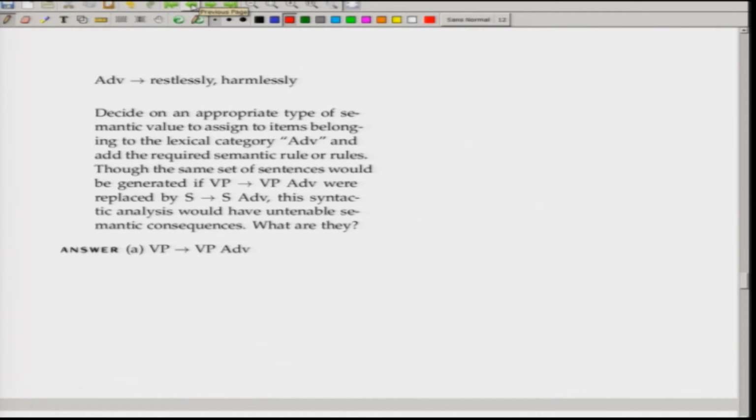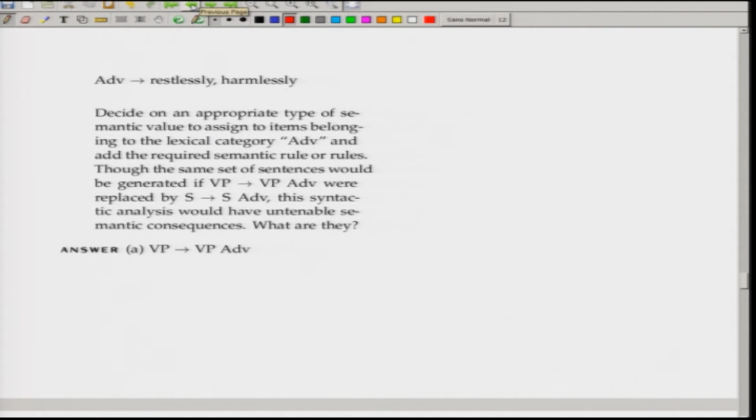What are they? So there are actually two parts in the question. I find it a very brilliant question. The first is to write the rules, if you want to accommodate the adverbs restlessly and harmlessly.